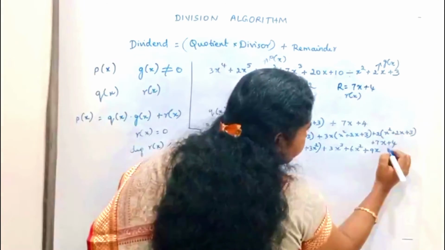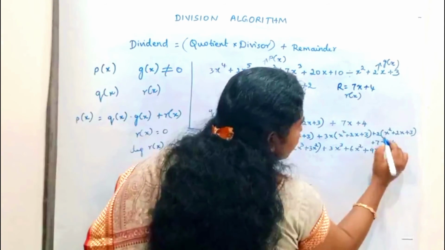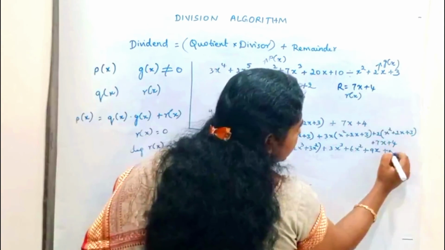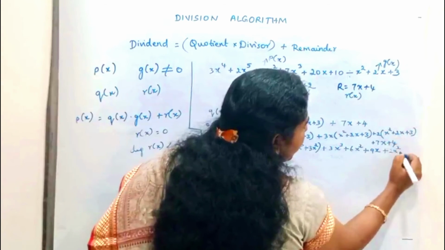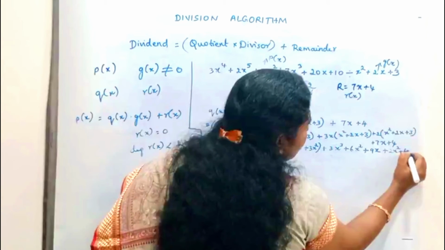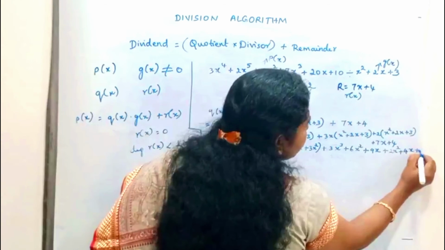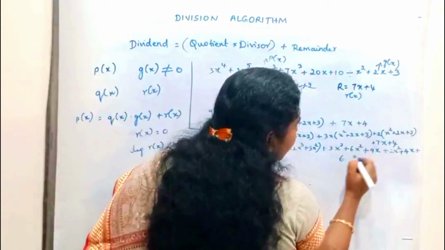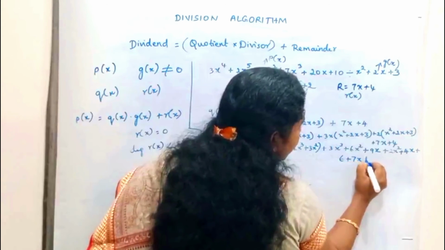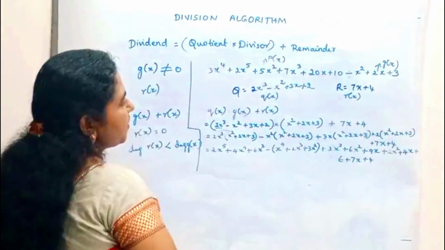Now the next plus, we are doing this term, so it is 2 into x square, 2x square plus 2 into 2, it is 4x plus 2 into 3, it is 6. Plus already we are having 7x plus 4. We are having these many terms now.